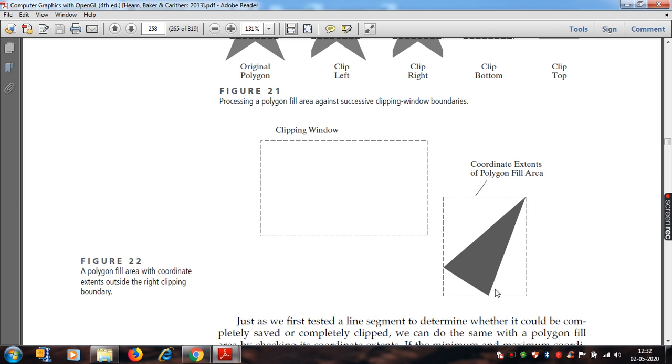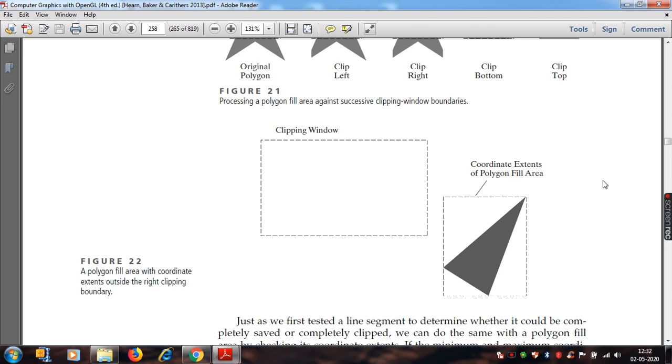This is a simple polygon, and it can be enclosed within a small rectangular area called a bounding box. That's what you can see with these dashed lines. If the minimum and maximum boundaries of this bounding box can fit within the clipping window, then it means this polygon will also fit into the window.